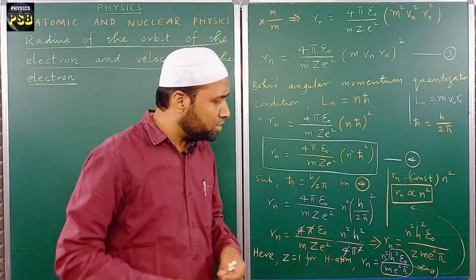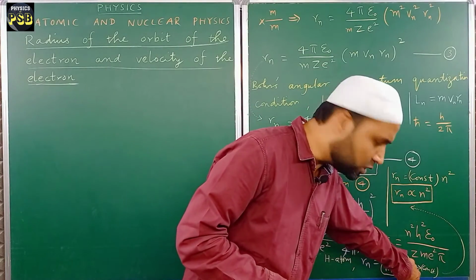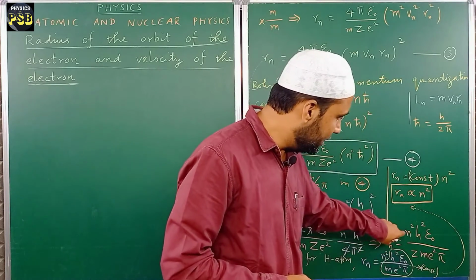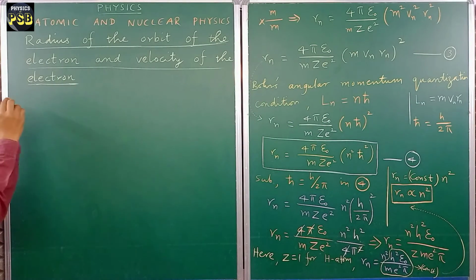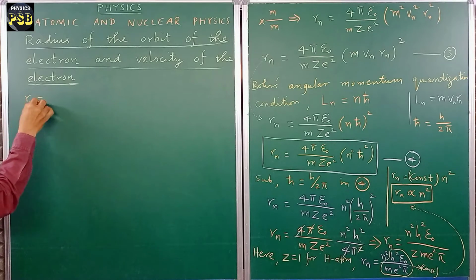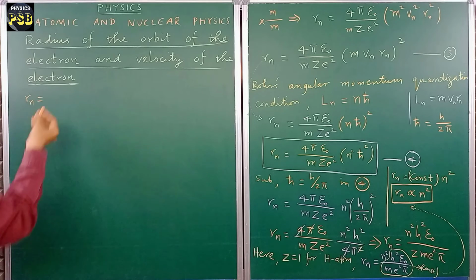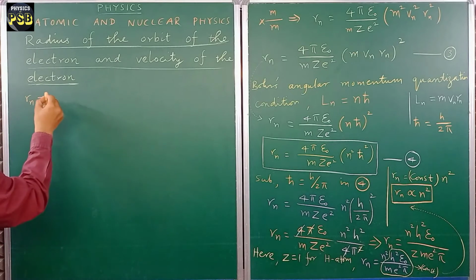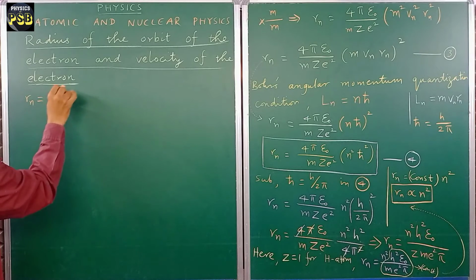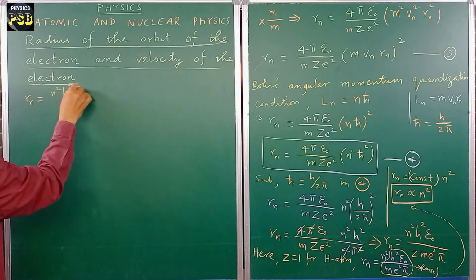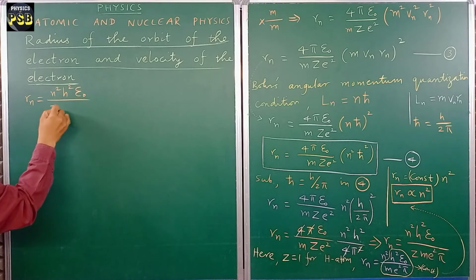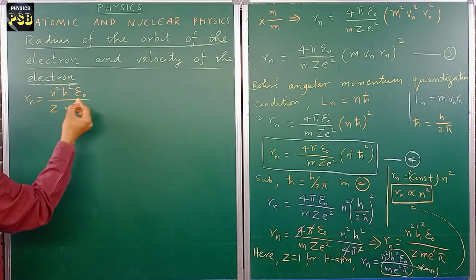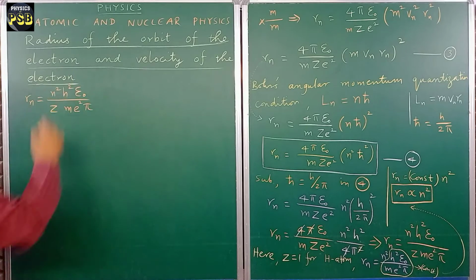Before I go ahead, let me provide some additional information about this constant. For that, I rewrite this equation, which represents the radius of the nth orbit. Rn equals n square h square epsilon naught upon Z m e square pi.